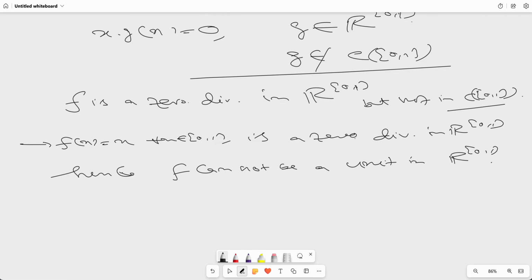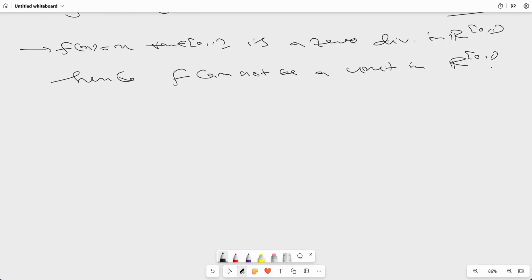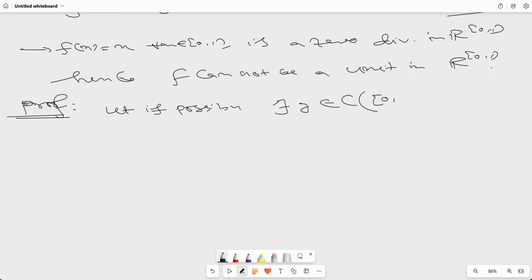You can also prove this. How do you prove this? To prove it is, I guess, easy. Suppose it is possible, there exists g inside C([0,1], R).